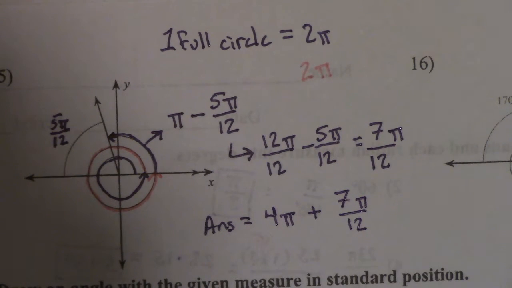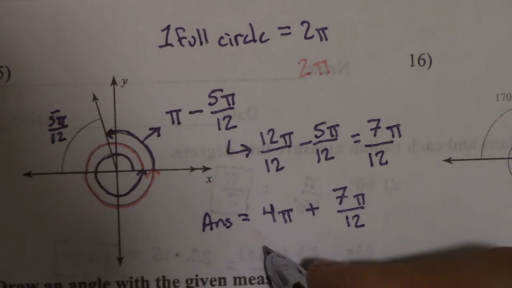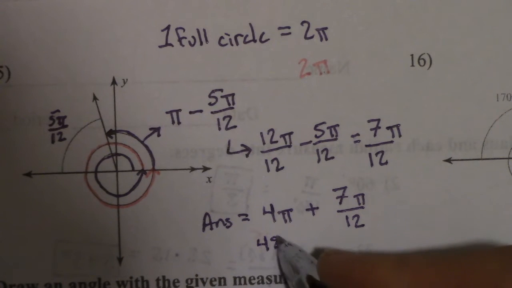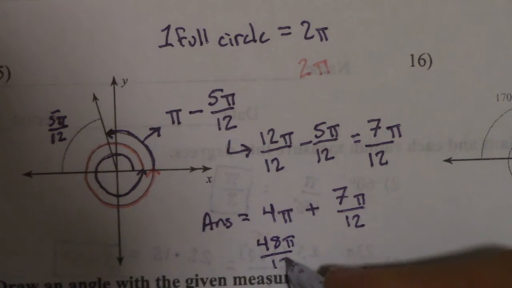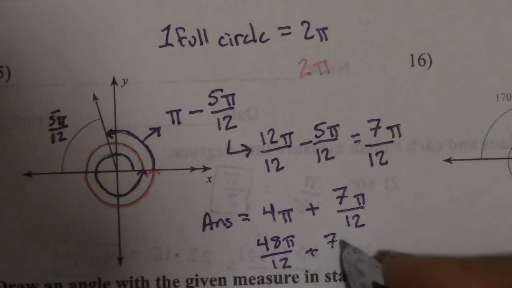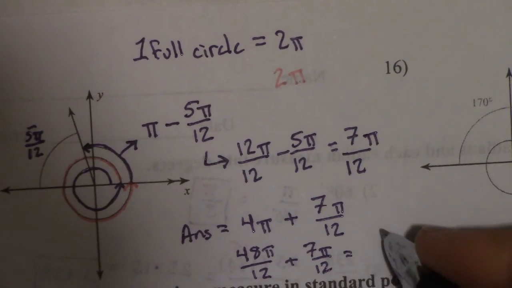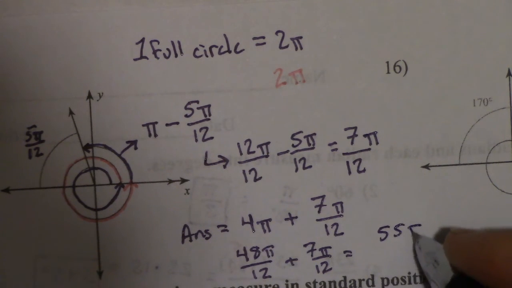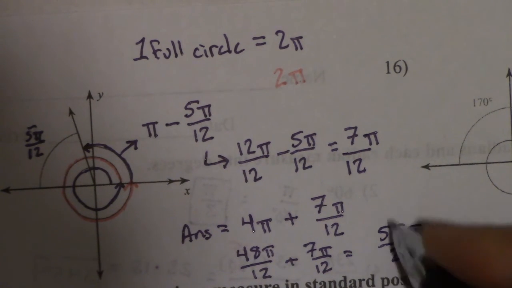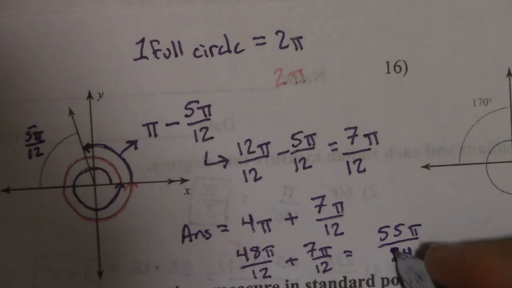Last but not least, we probably want to combine those, so what do we need? A common denominator. So I'm going to rewrite 4 pi as 48 pi over 12 plus 7 pi over 12. Now that I have a common denominator, I can combine the top, and I have 55 pi over 12. A little tired.